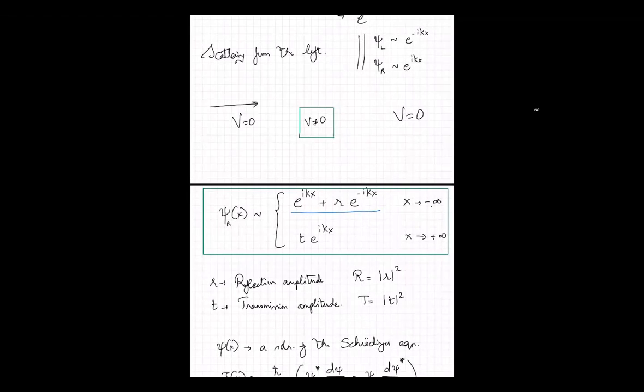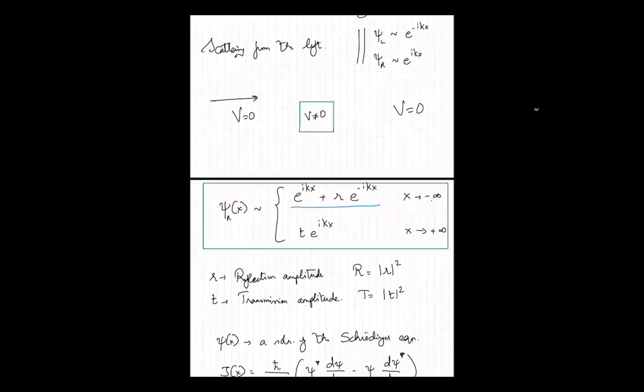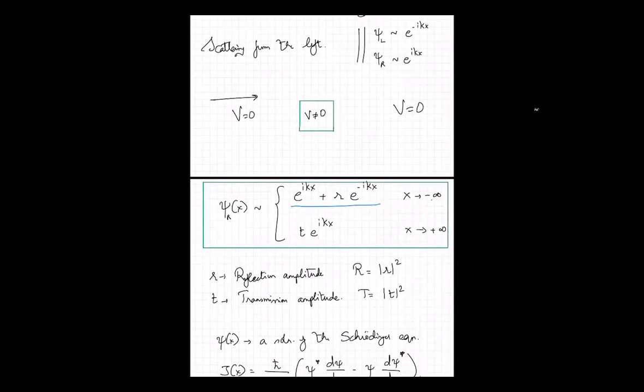But for now, for simplicity, let us simply say that e to the ikx is a wave traveling to the right, and e to the minus ikx is a wave traveling to the left. So in the scattering from the left example, our wave function will look like e to the ikx plus some small reflected portion, r e to the minus ikx, and a bunch of transmitted waves that look like t e to the ikx.